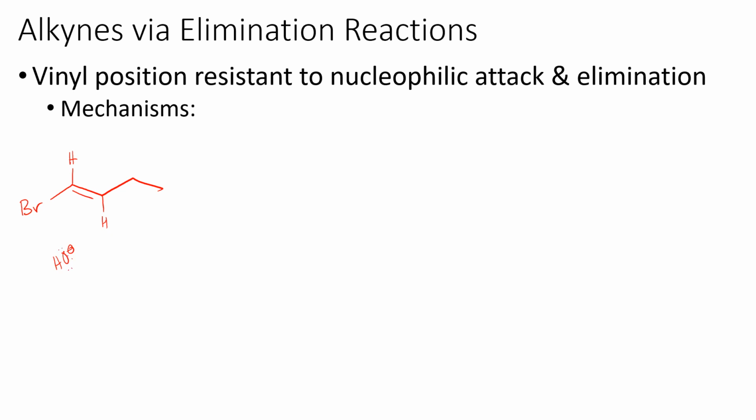Starting off with the one with our base and our heat, we are going to see a deprotonation. This deprotonation of the carbon atom adjacent to the carbon with the leaving group would then drive off that leaving group as well. Initially this would generate for us that terminal alkyne.